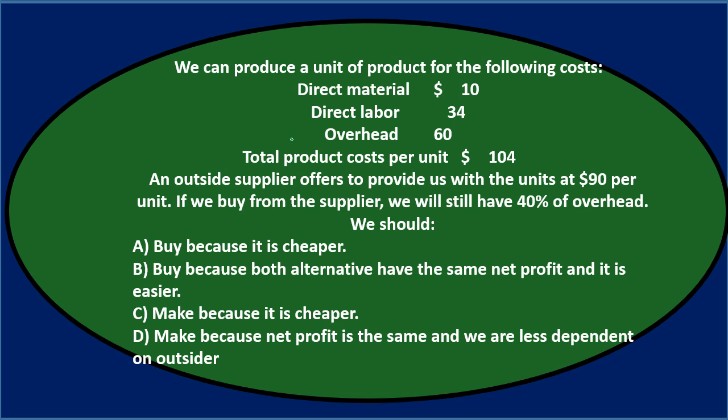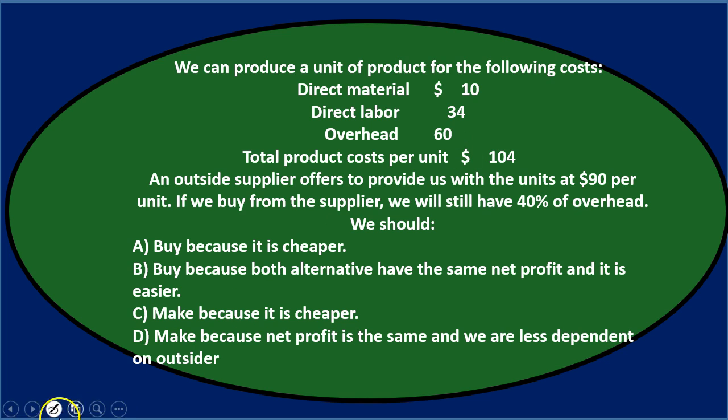That's what we have to take into consideration in our calculation. The offer of $90 looks good given the $104. It does, and normally under these types of questions, we'll find out that it's not a good offer, because a lot of this overhead is not going to go away if we took the offer.